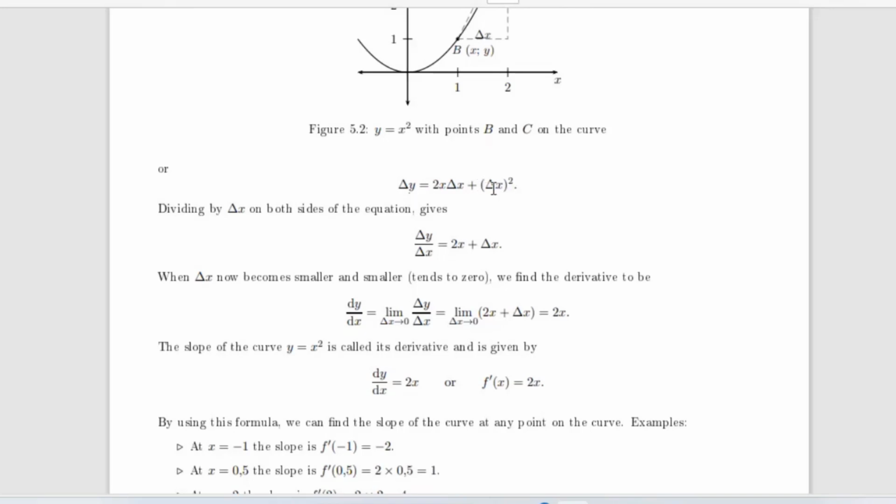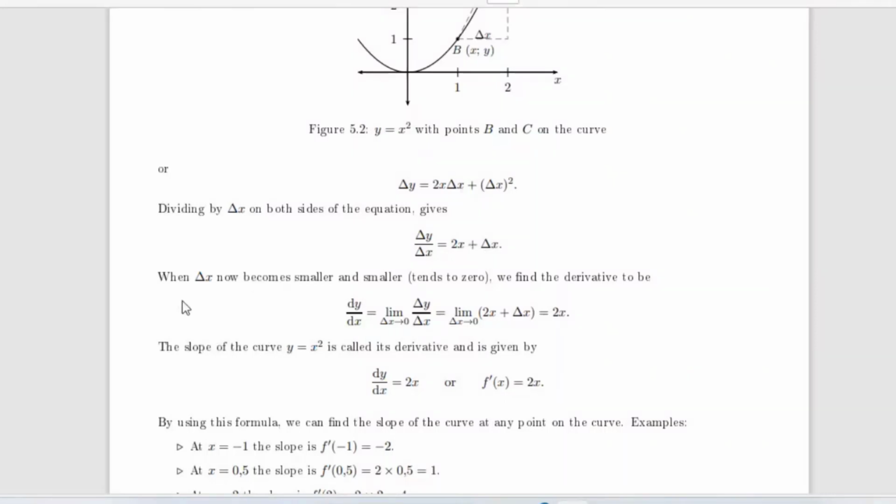Because this is change in x times change in x divided by change in x, so change in x will cancel with another change in x, and we'll only be left with one change in x. Do we agree? Yes. I'm still trying to find the logic of what it is that they are intending to achieve.